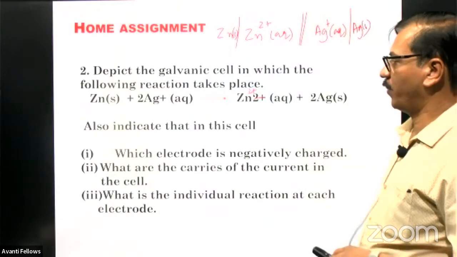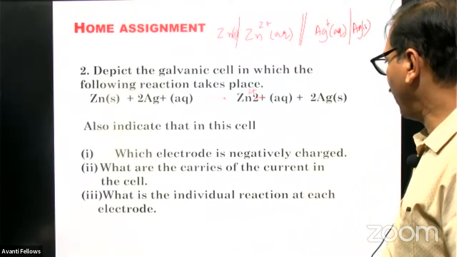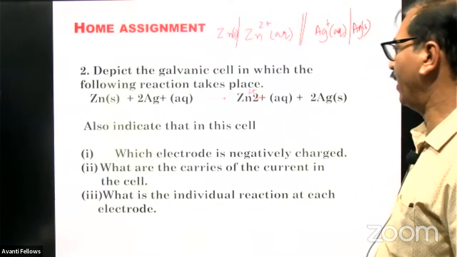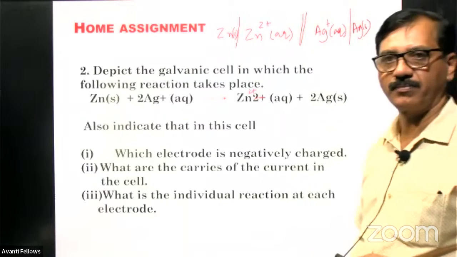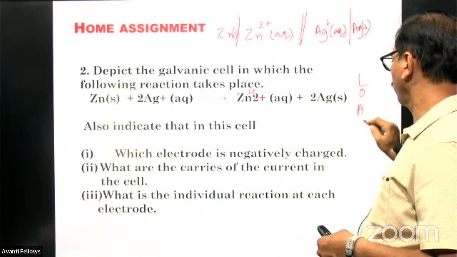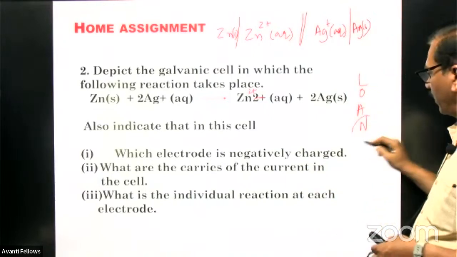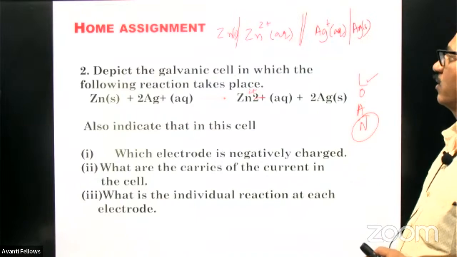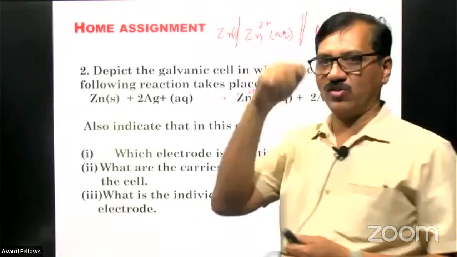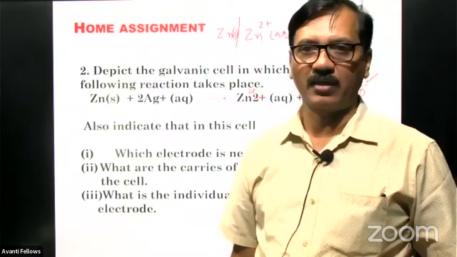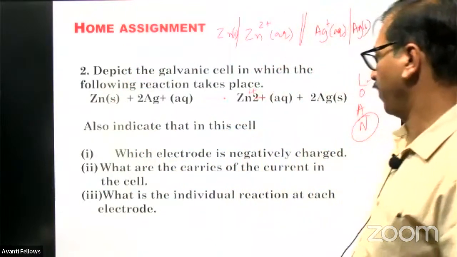This is the way of representation. Which electrode is negatively charged? Remember that. The left half cell is negatively charged. The Zn/Zn2+ electrode is negatively charged. This is the way of saying that.